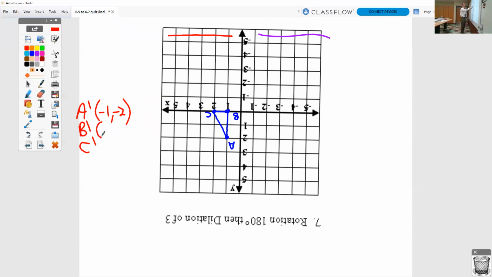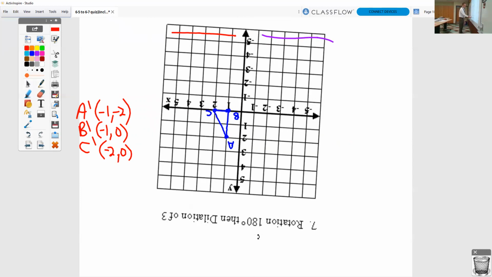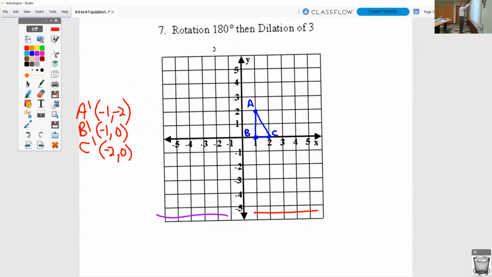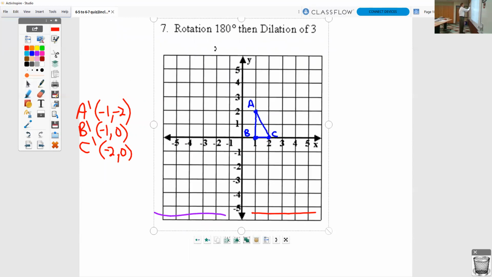B prime, it looks like it's 1, 0, but it's not. It's -1, 0, because anytime you go over to the left, that's negative. And then C is -2, 0. I'm going to turn my paper back to normal.